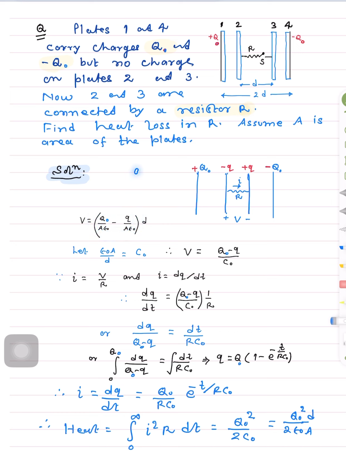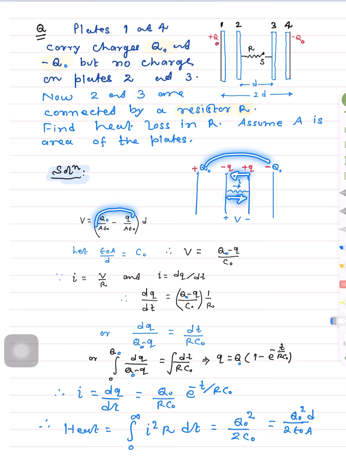We know that equal and opposite charges on parallel plates produce field Q upon A epsilon naught. So there will be two pairs of opposite charges. So net field will be this much by the same formula. These two will produce field to the left and these two will produce field to the right.